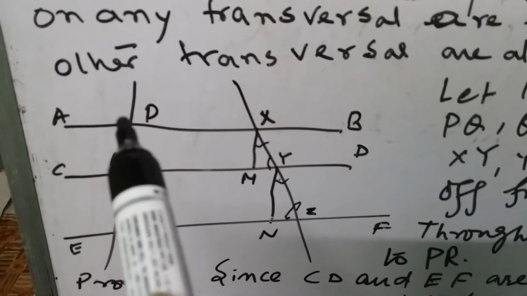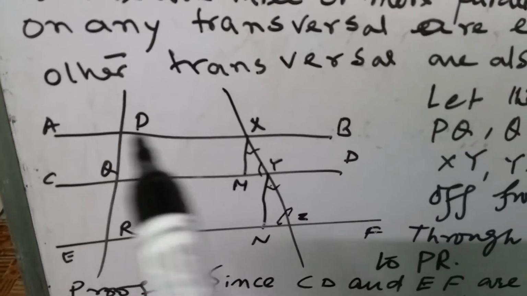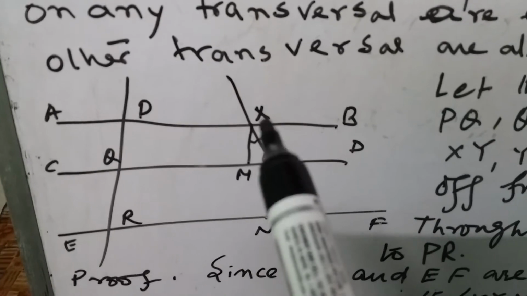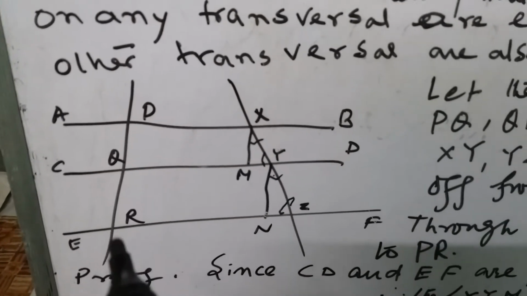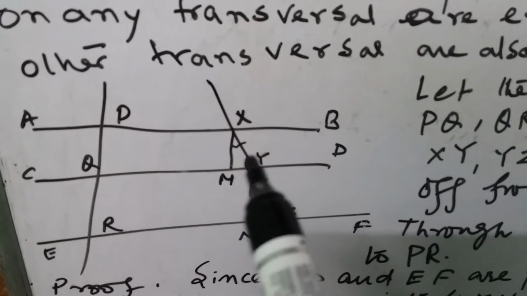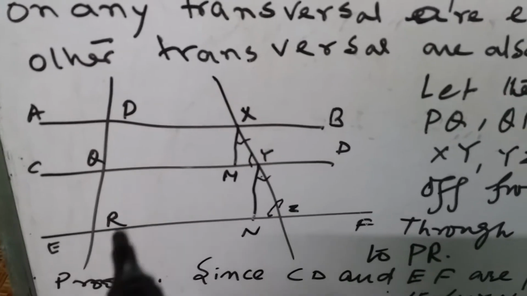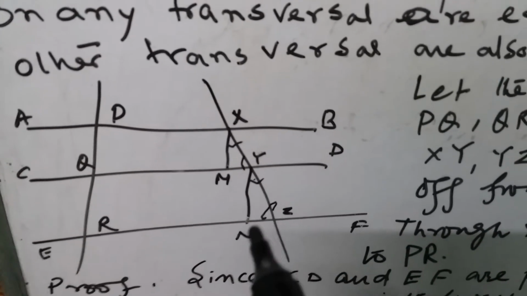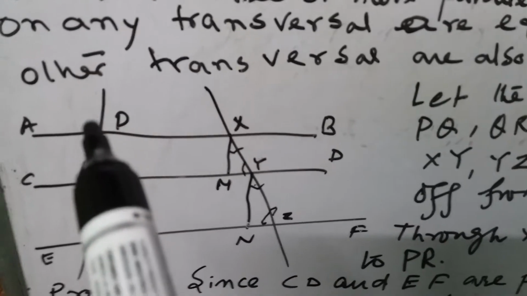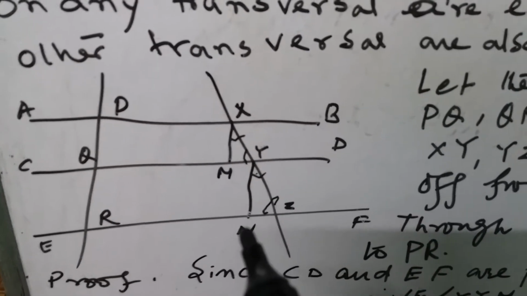Again I describe that these are parallel, so PXMQ is a parallelogram. In this way QRNY is a parallelogram. PQ equals XM because they are opposite sides of a parallelogram, and QR equals YN because they are opposite sides of a parallelogram. Since PQ equals QR, hence XM equals YN.